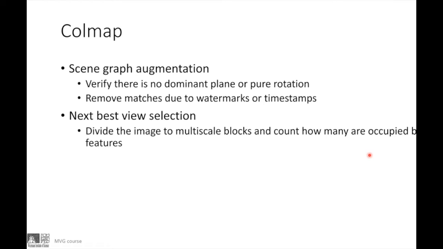Okay, so they want not only that there will be many inlier matches, but that they will be spread all over the image as much as possible. So they count the number of blocks in which there are inlier matches, and they do that with several block sizes. They divide the image into grids and count how many blocks contain inliers.